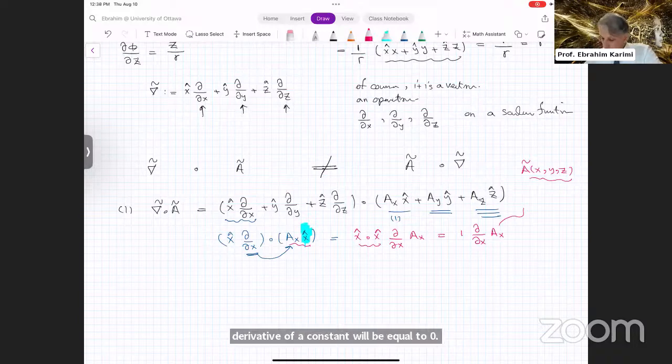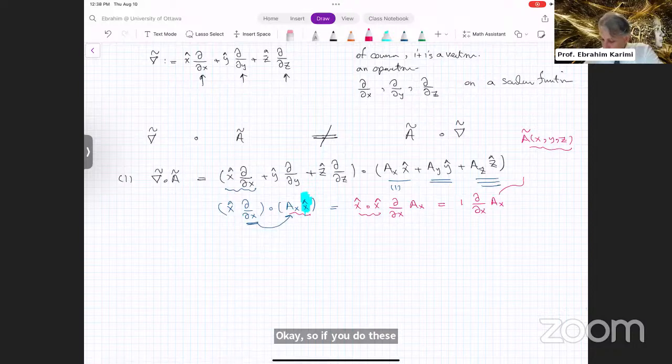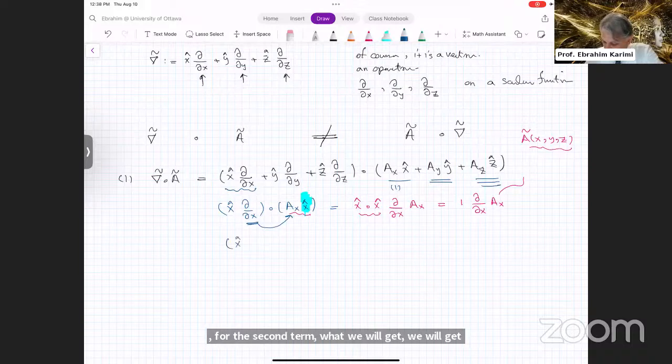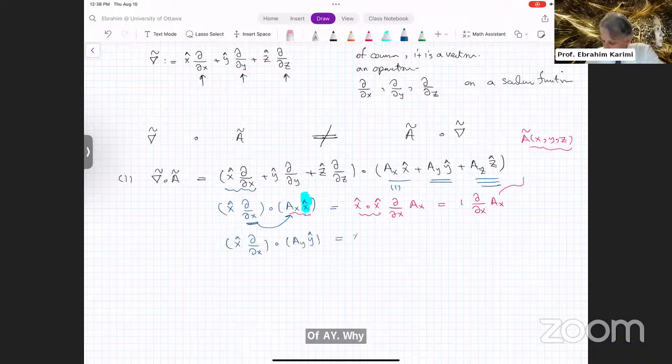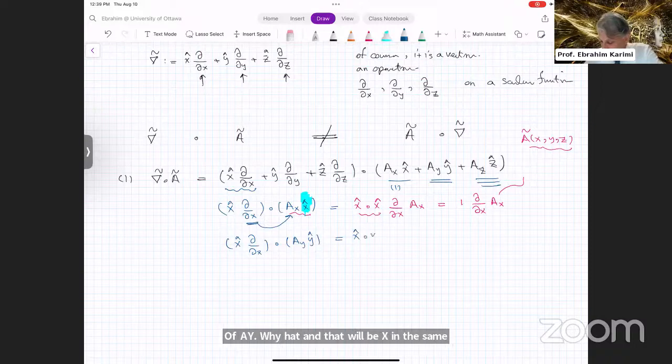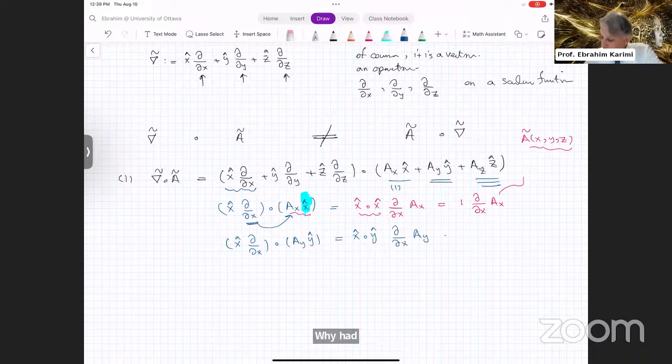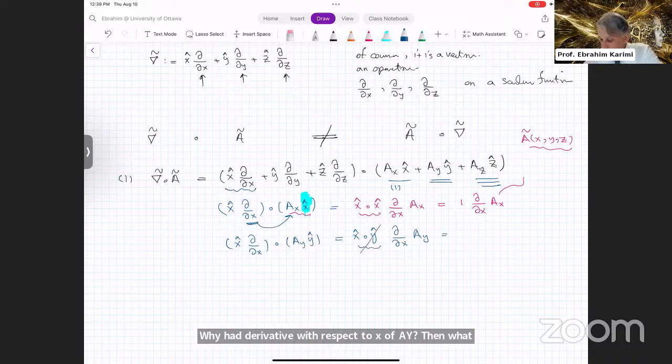If you do this calculation for the second term, x derivative with respect to x of ay y hat, you get x dot y, which is equal to 0.